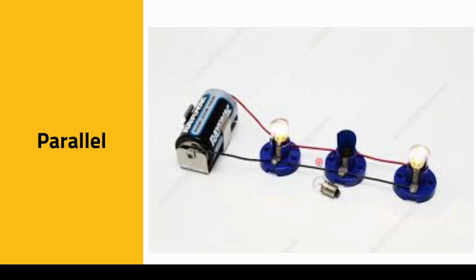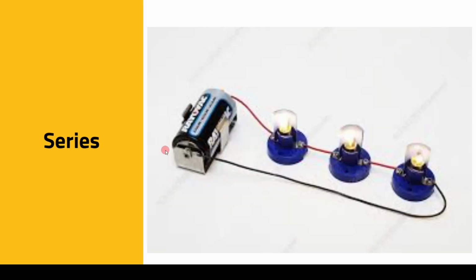Now, there's a couple of things to notice over here. In the series combination, you'll notice that we have a battery. Let's say that this is a 9-volt battery, for example, and that voltage is shared between three devices.